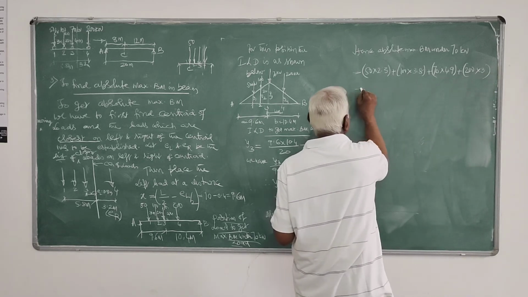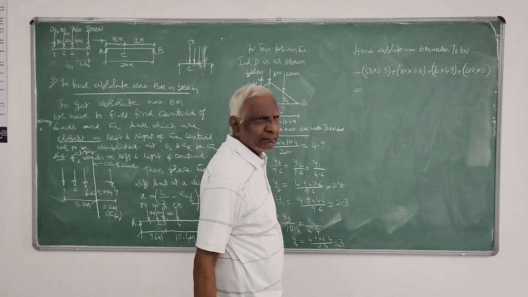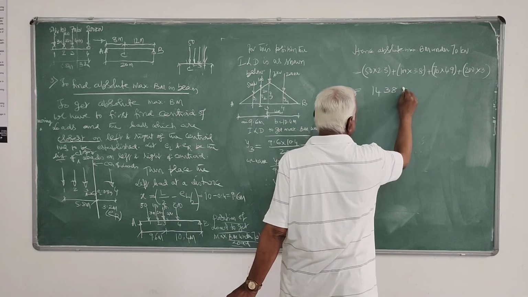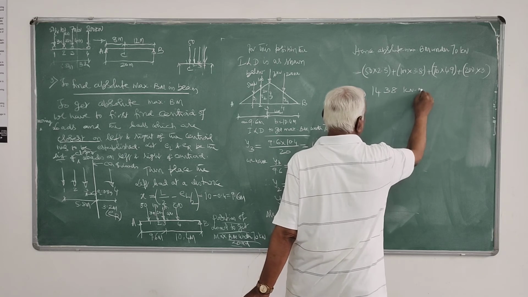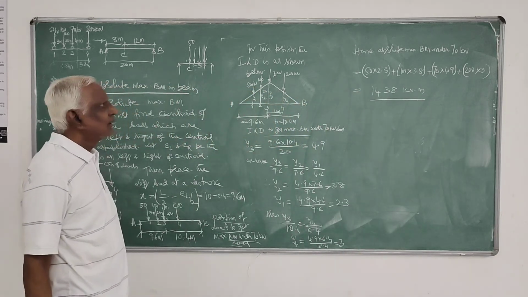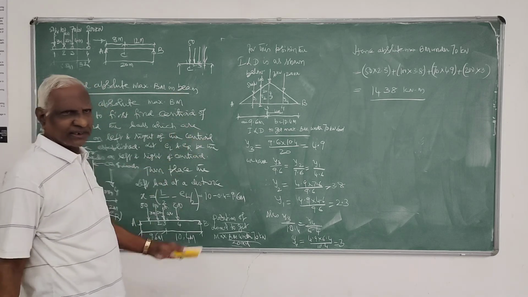You can simplify this, you will get 1438 kilonewton meter. Right? So under that 70 kilonewton load, you are getting this.